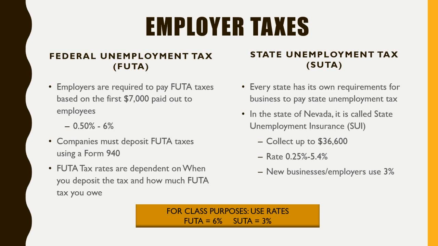Now in this case, that means it can be anywhere from 0.5% to 6%. So it could be very small or it could be very large. Now this is all based on how large your company is, how many employees you pay, how often you pay, and how much you owe the government. So this number doesn't just come out of nowhere.